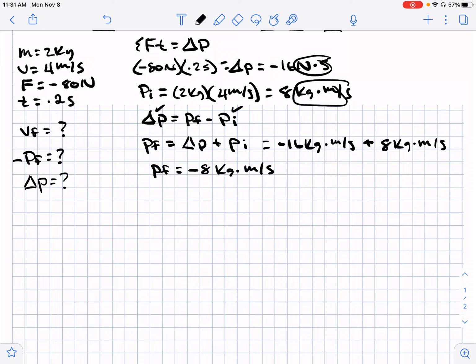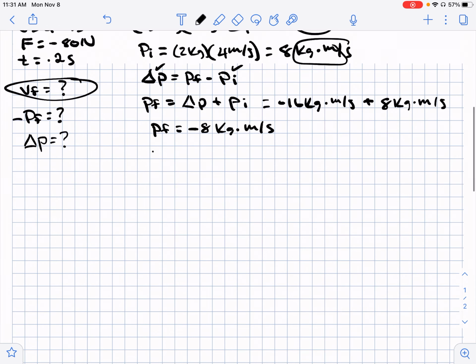Now that we know the final momentum, we can go in and solve for that final velocity. So the final momentum is equal to the mass times the final velocity. And so I'm going to divide both sides by the mass. Your final velocity is going to equal your final momentum divided by the mass.